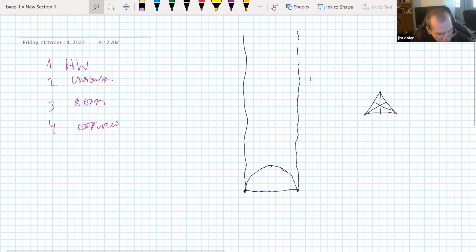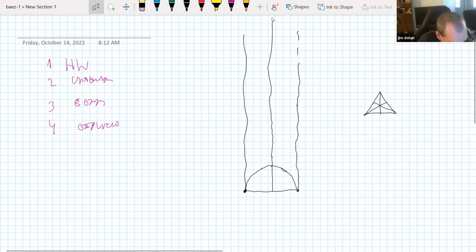Let's see. Oh, right. What is this line? This line has something to do with something, right? What is it? That midline. Right, that has to do with, like I said, that folding thing, if you don't want to include the orientation as part of the structure.